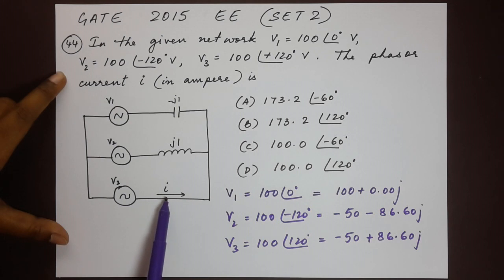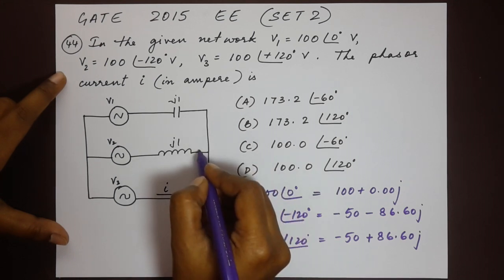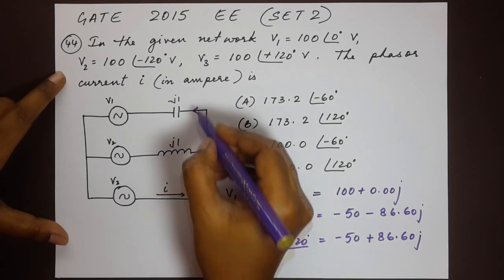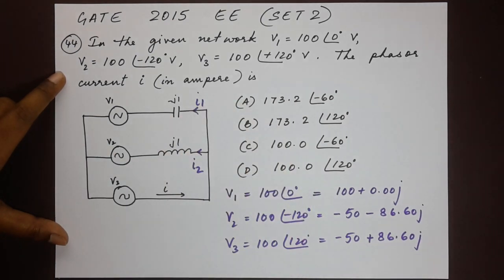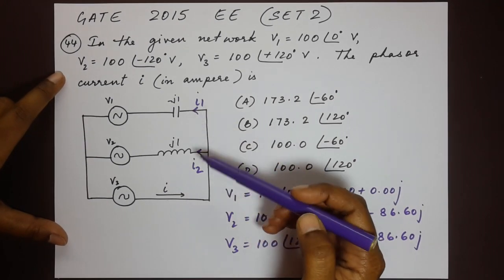Now since we are supposed to find out the value of I here, the direction is given to us this way. So we'll assume the current here and here, we'll call this I2 and we'll call this I1. So I would equal I1 plus I2.